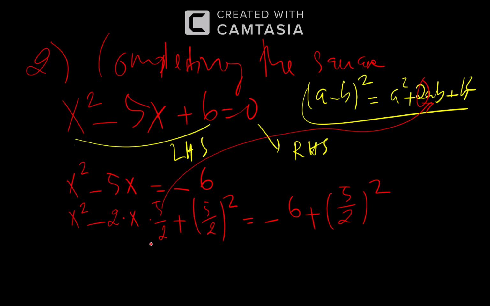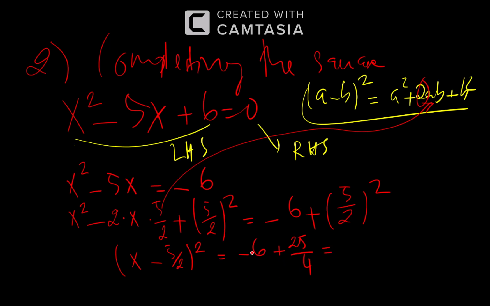Now look at the left hand side of our equation. We can apply this formula, where a is x and b is 5 divided by 2, squared, equal to negative 6 plus (5 divided by 2) squared. Here 5 squared equal to 25, and 2 squared equal to 4.